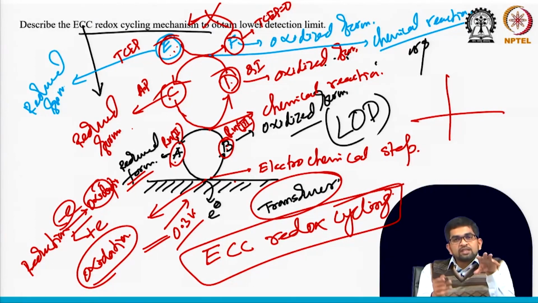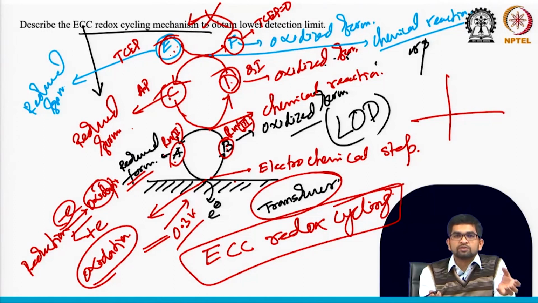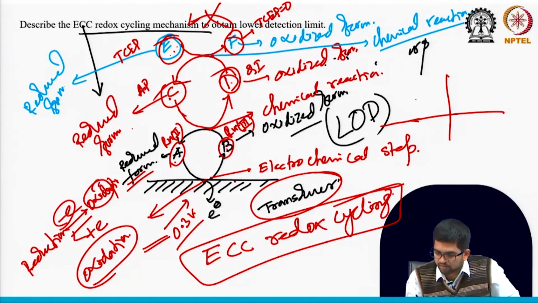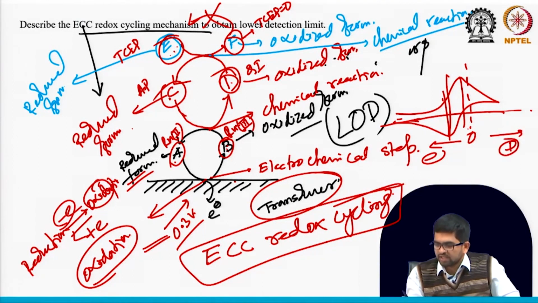But we can think the opposite way, right? Let's use ruthenium, meaning somehow on your electrode surface a ruthenium 3 can be produced. So here is the ruthenium CV, something like this. Generally in ruthenium cases, this is 0, this side is negative and this side is positive.